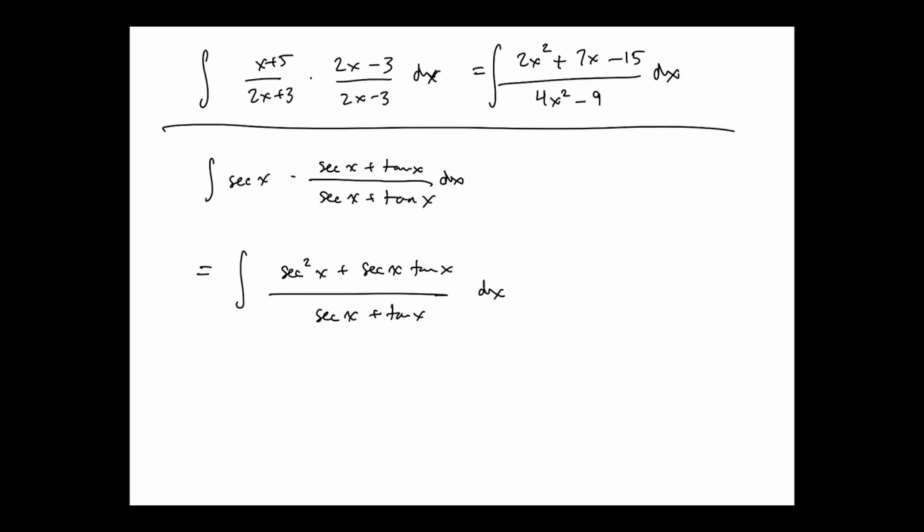So the derivative of the denominator is precisely the numerator. They're just written in opposite order. Okay, but it's plus, so who cares? So what that means is that this is actually that simple.